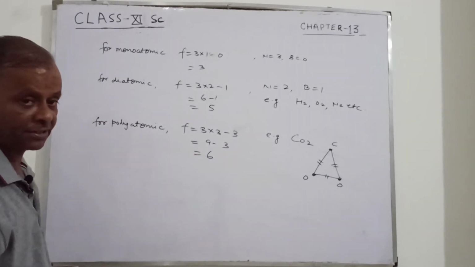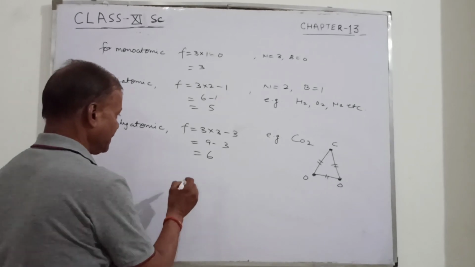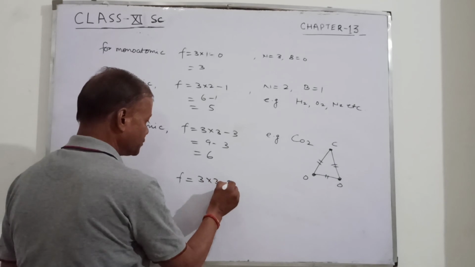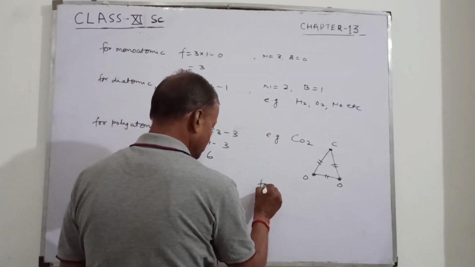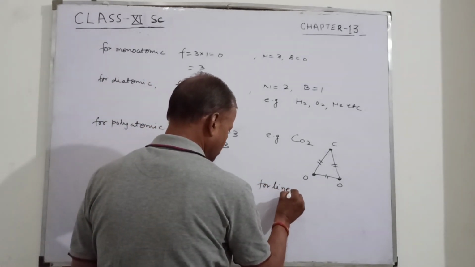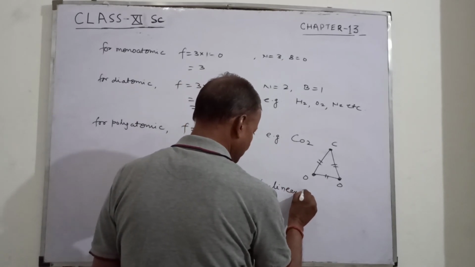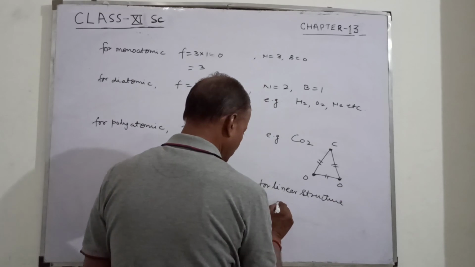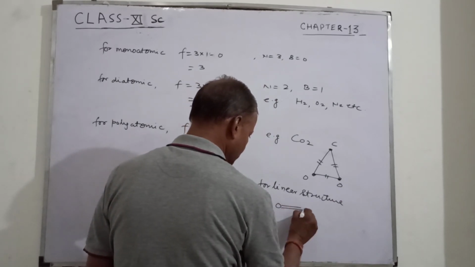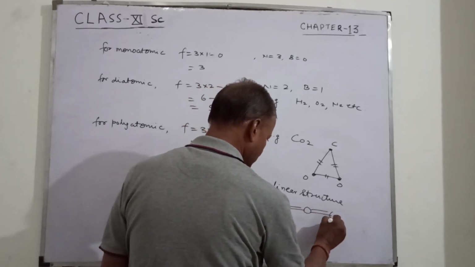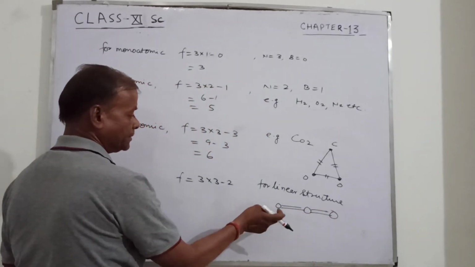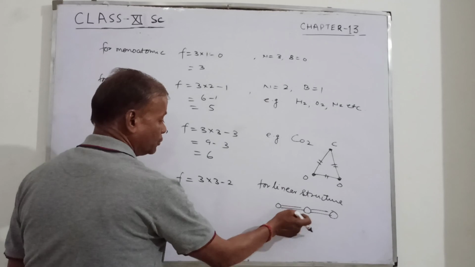If suppose the structure is linear, F equal to 3 into 3 minus 2. So for linear structure, 3 atoms are there, but there are only 2 bonds.